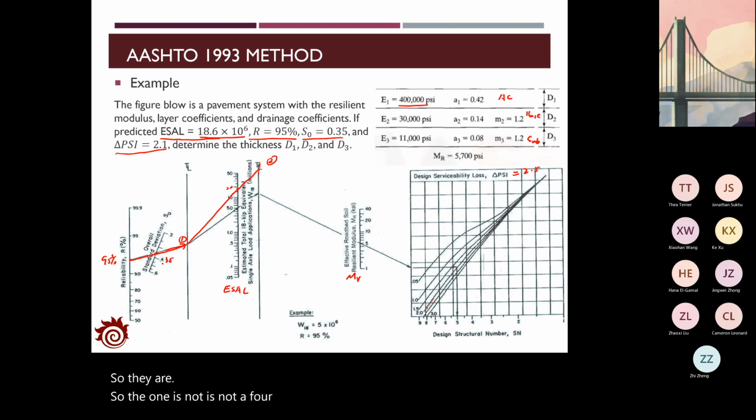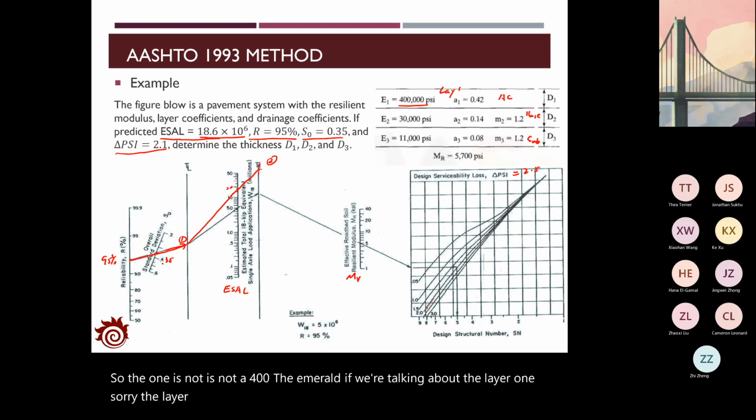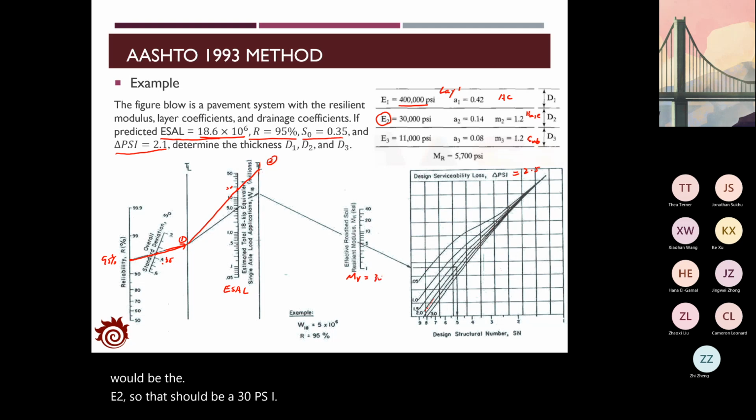The MR, if you are talking about layer 1, the MR value is the one of the layer behind you. So this would be E2. So that should be 30,000 psi, and that should be the point here. That's the reason I got a very weird result.